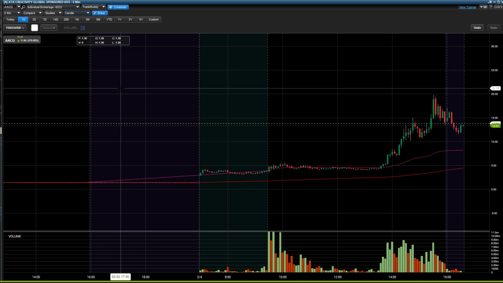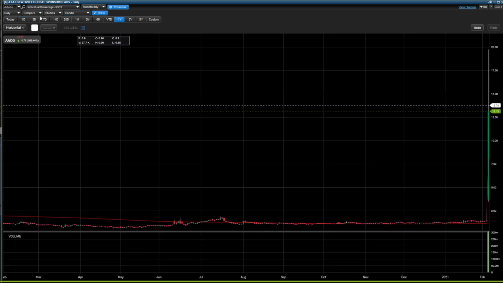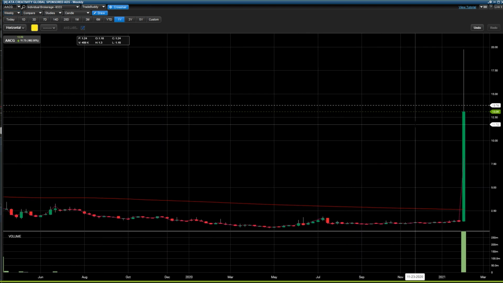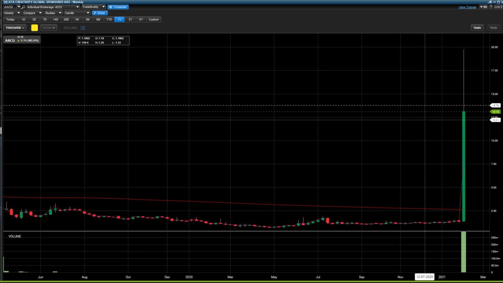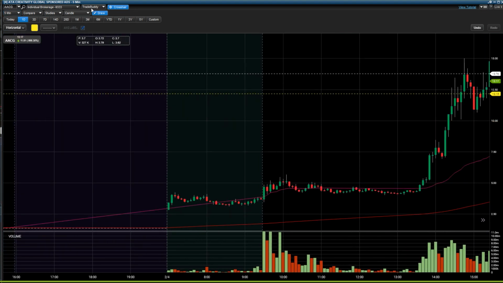So like I said, I locked in some profits into the 1223 daily chart level. And I sold a lot of my position into that because at first it tested it and then it kind of broke through and then it showed this little weakness.